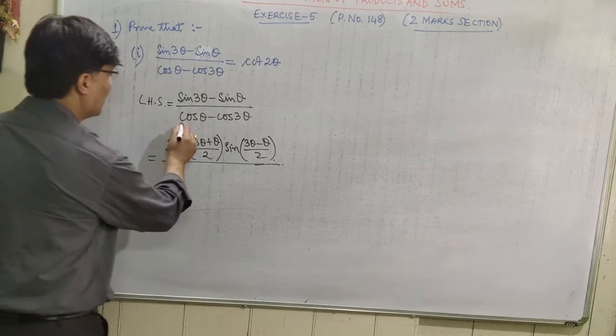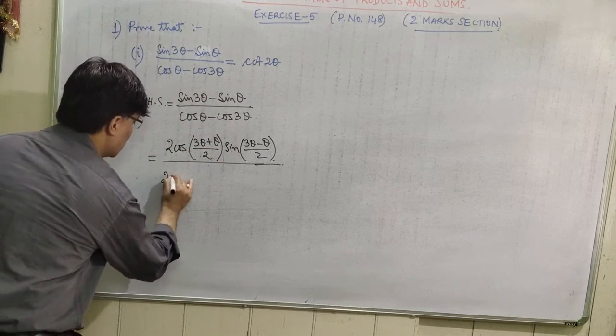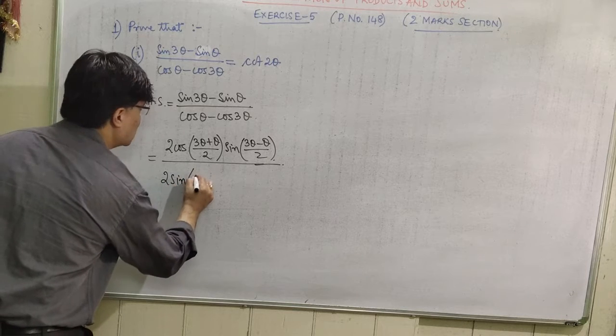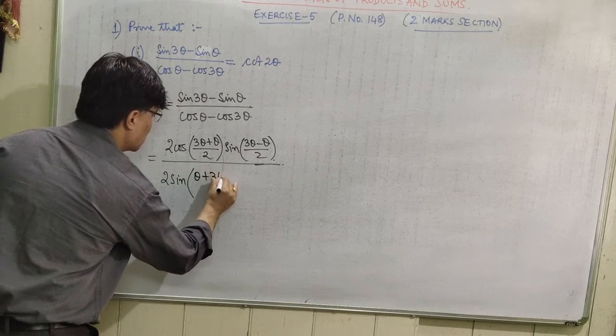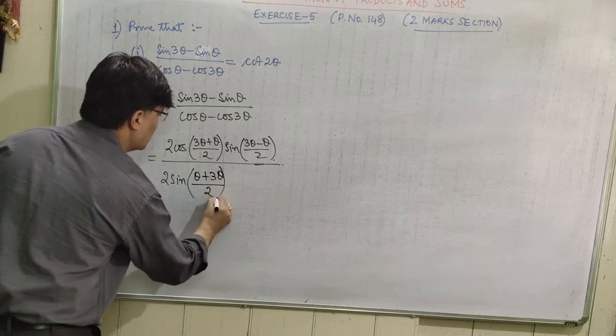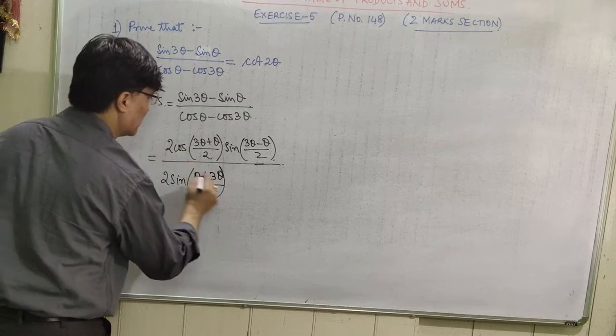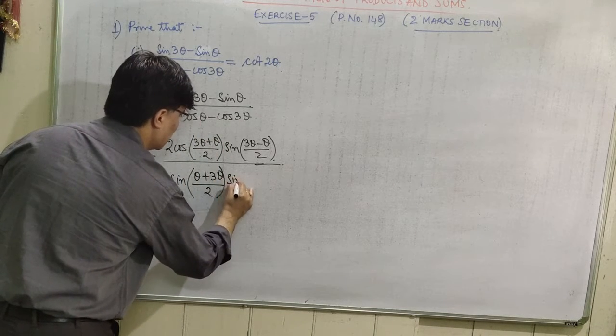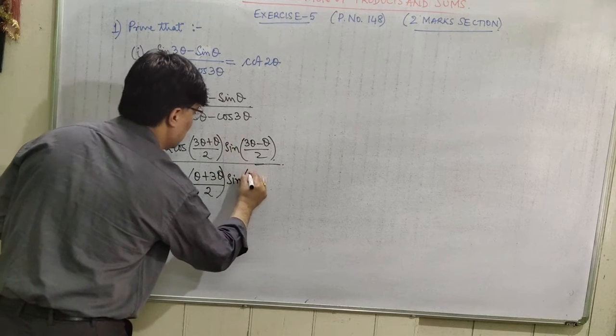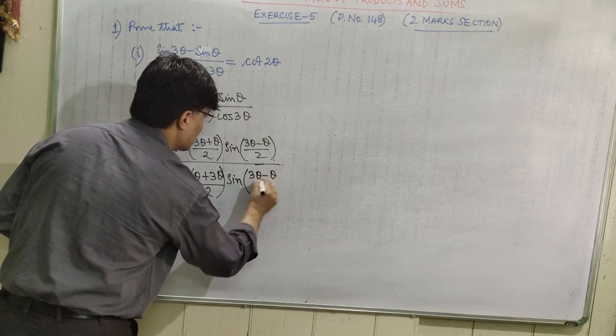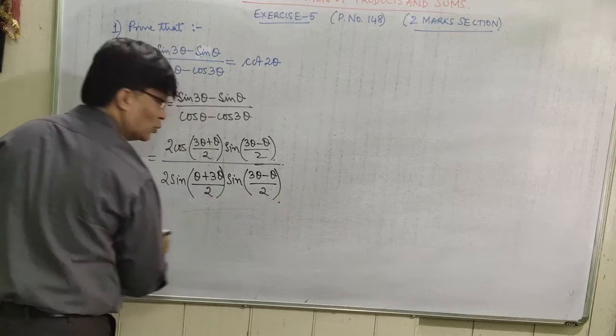So cos C minus cos D is 2 sine of C plus D by 2, that is theta plus 3 theta divided by 2, then sine of D minus C by 2, that is 3 theta minus theta divided by 2.